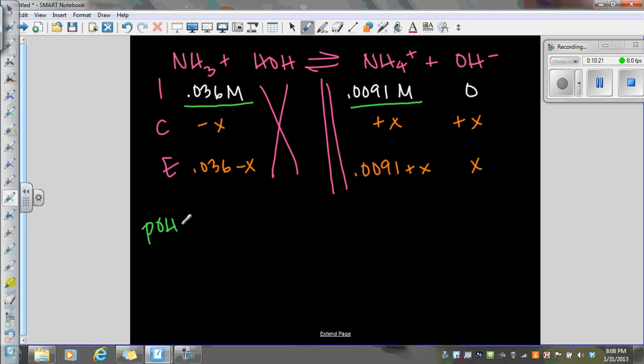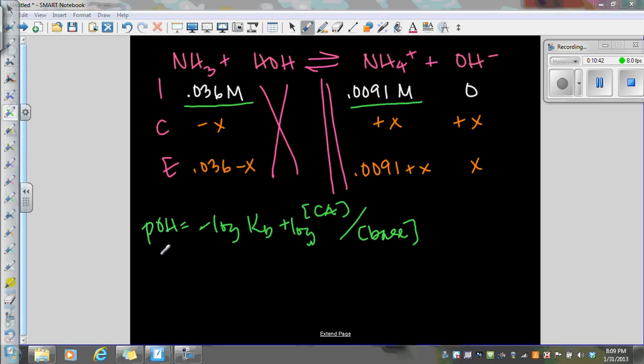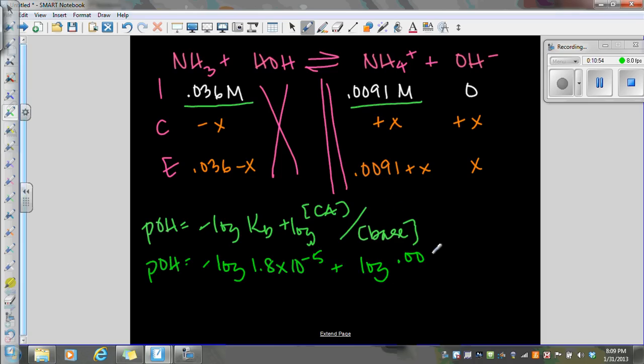So I'm going to use the pOH version, which is the negative log of Kb plus the log of the concentration of the conjugate acid divided by the concentration of the base. I always forget the log. So pOH equals negative log of 1.8 times 10 to the negative fifth plus the log of the conjugate acid concentration, 0.0091, divided by the base concentration, 0.036.